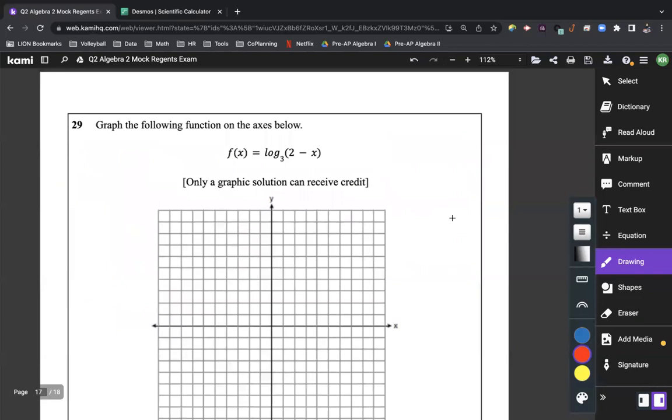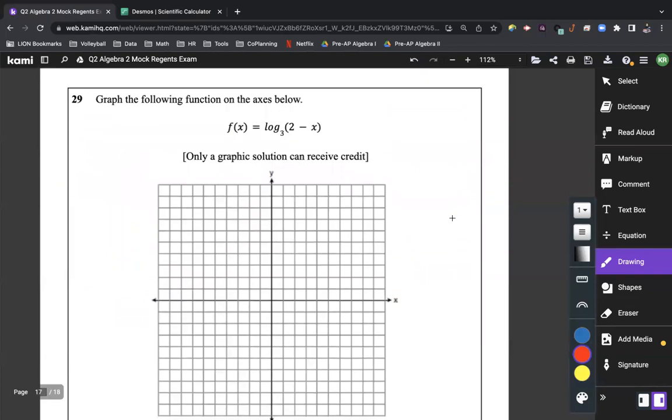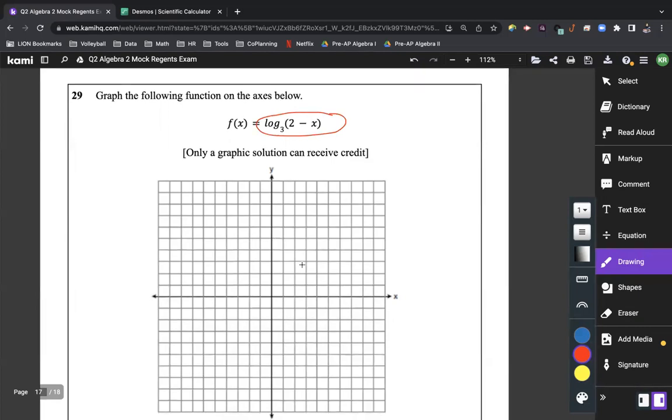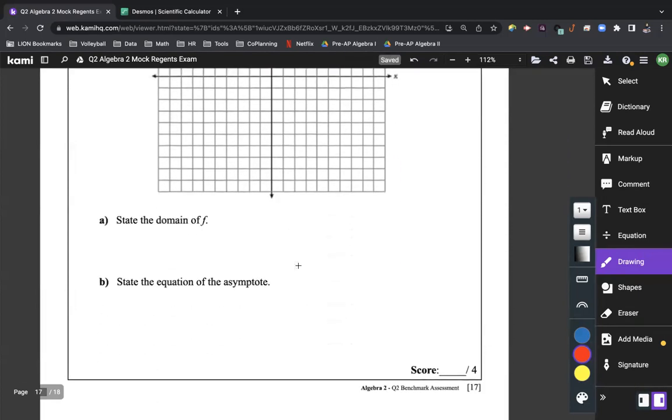Question 29, I'm not going to sit here and review in this corrections video, because this was one of the questions that we threw out there to see how you would do. It's one of the questions that is the reason why there's a curve on the test, because we know it's worth 4 points. What we were looking for was to take this function, plug it into the calculator and plot the points that you see.